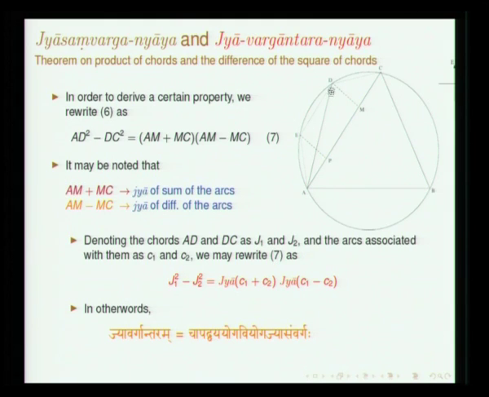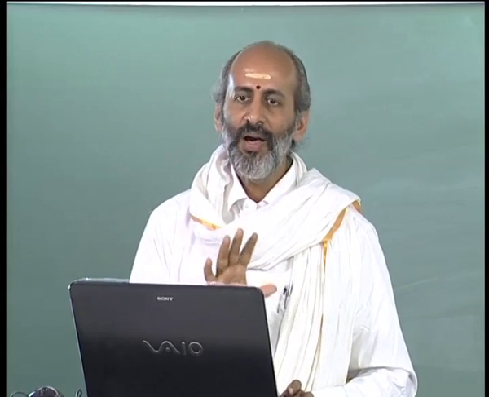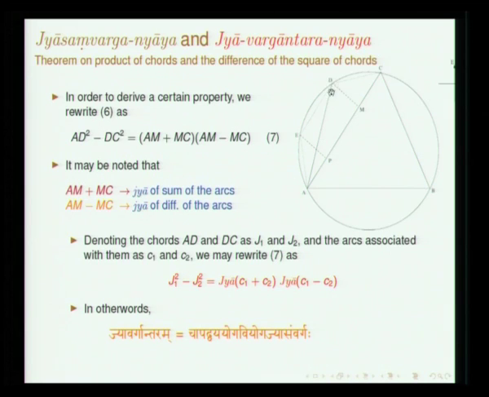AD and DC are two arcs. This is the chord, and if you move this way, this is the arc. I use the notation C for arc because of chapa. The arc AD is denoted by C1 and arc DC is denoted by C2.